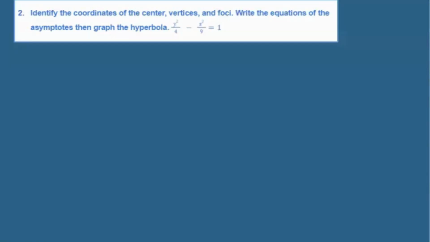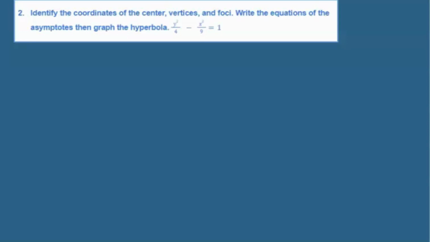Okay, number 2, identify the coordinates of the center, vertices, and foci. Write the equations of the asymptotes, then graph the hyperbola. The equation given is y squared over 4 minus x squared over 9 equals 1.